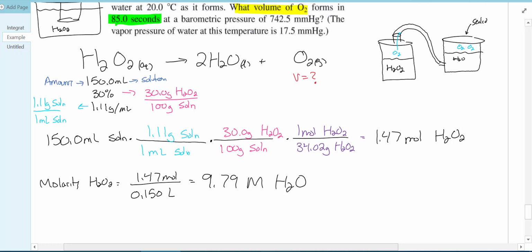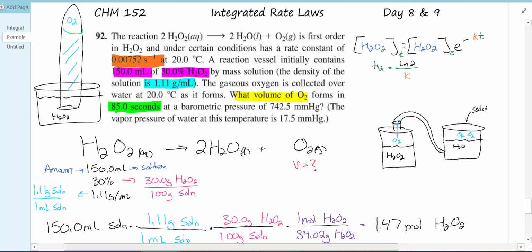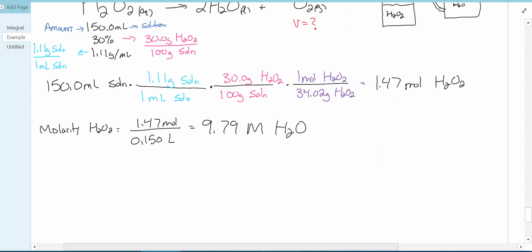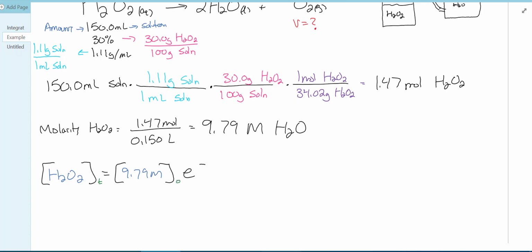All right, so now with this concentration, I can go into our first order rate law and figure out H2O2 at time t. So H2O2, what we're looking for, is 9.79 molar there, because this is time t, this is time 0. e to the negative k t. k was 0.00752 seconds to the negative 1.